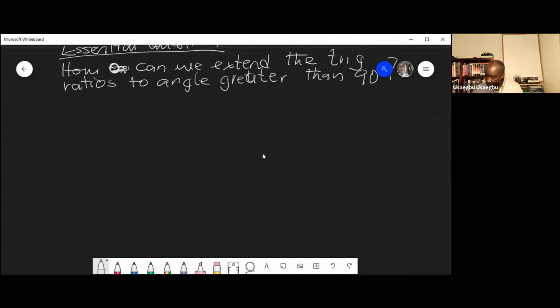So I'm drawing a visual, something like a coordinate plane. This is the y-axis. This is the x-axis. Of course, you know, you have your values on each of these.